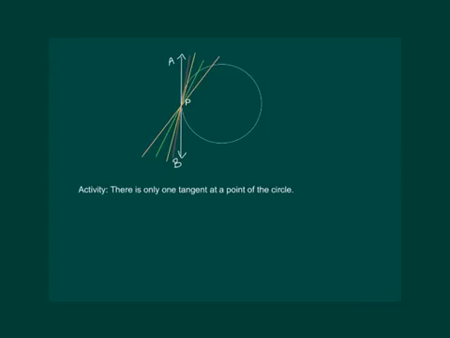If we observe all these lines closely, we see that all of them intersect the circle at another point other than P. Even the nearest line, the red one, intersects the circle at another point other than P, which implies that there is only one tangent at a point of the circle.